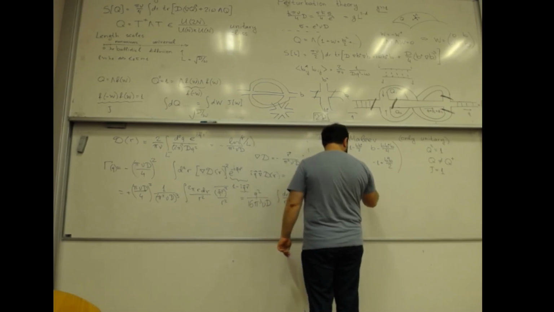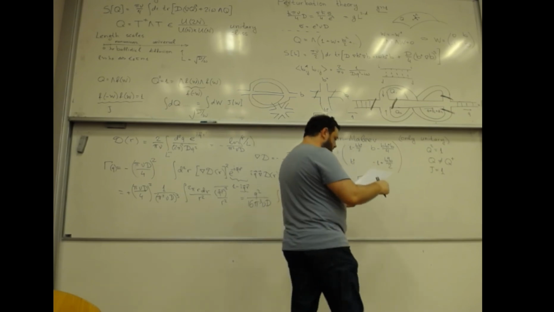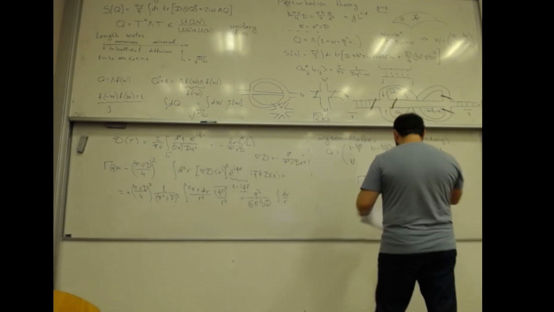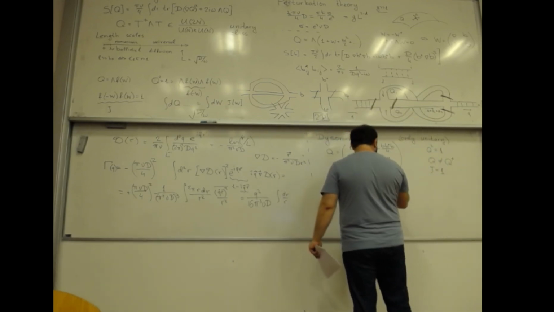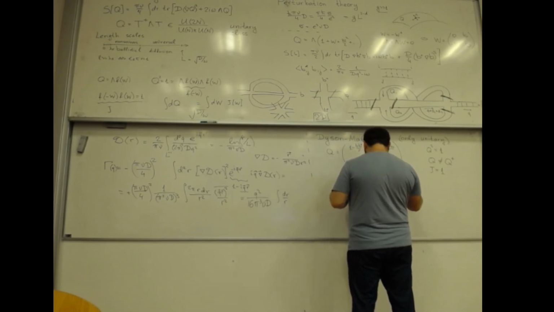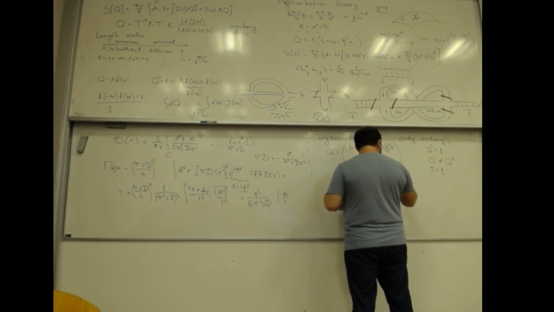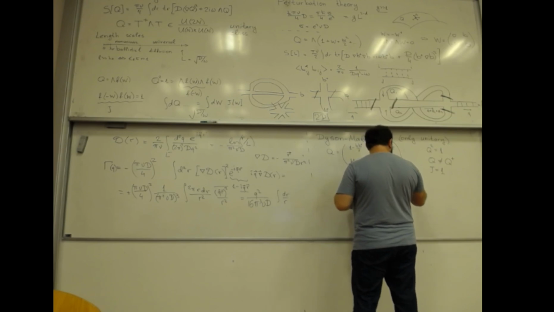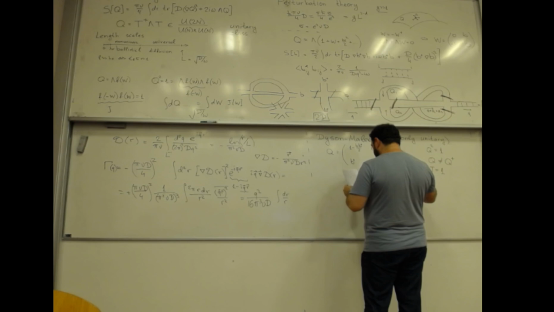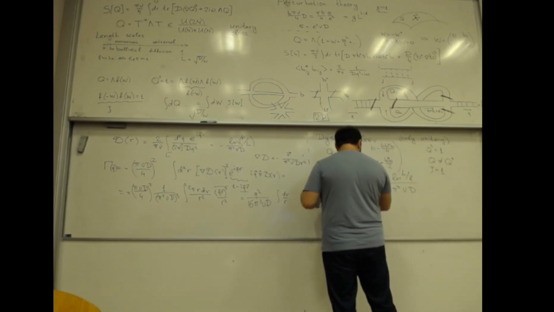And just to write this result explicitly, gamma is Q squared divided by 16 pi mu times the logarithm of A divided by small a.